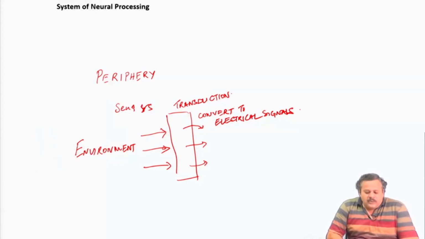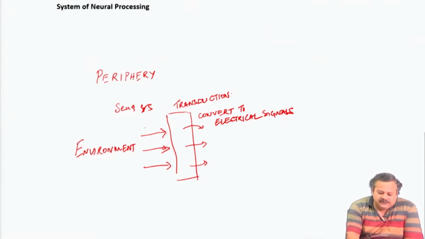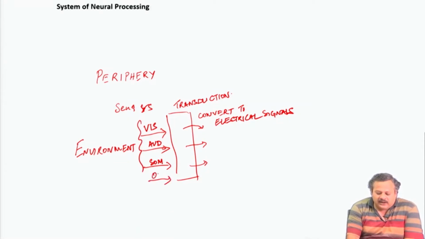So, we have talked about the three sensory systems, that is the visual system, the auditory system, and the somatosensory system so far. These three are somewhat different from the other two sensory systems that we have, which is the olfactory system and the gustatory system.